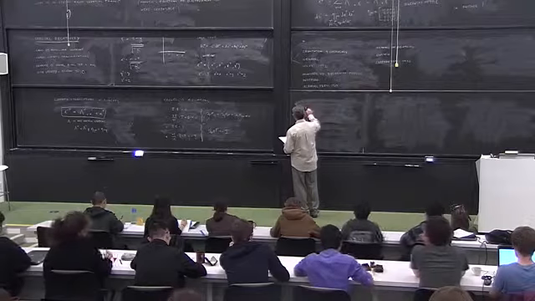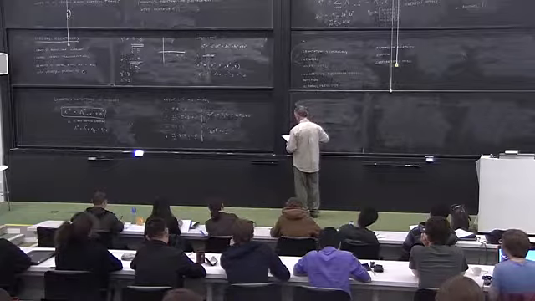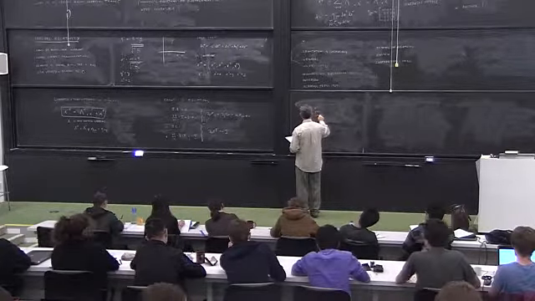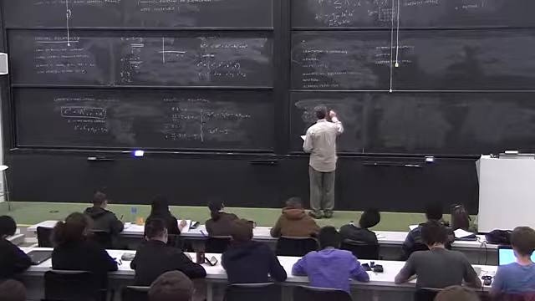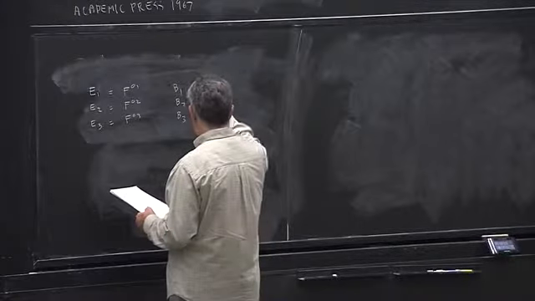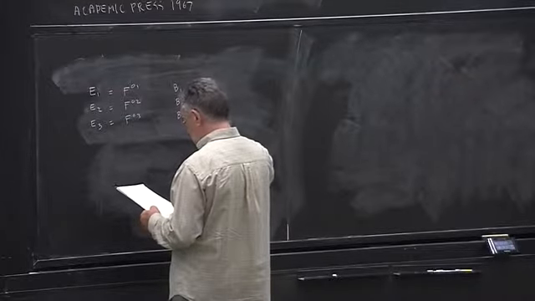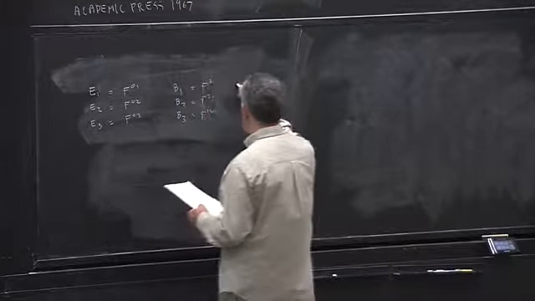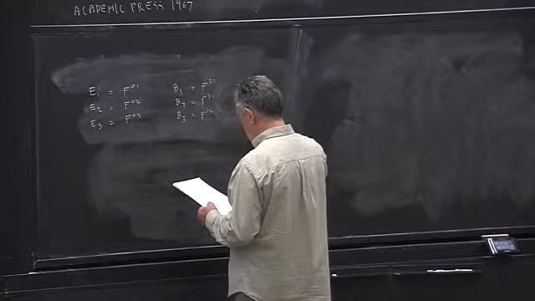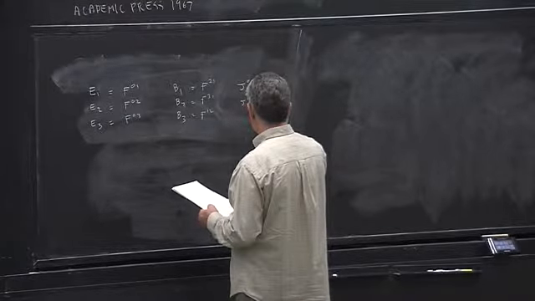Where E1, E2, E3 is F01, F02, F03, and B1, B2, B3 is F23, F31, F12. J naught equals rho, and J1 equals the corresponding current component.